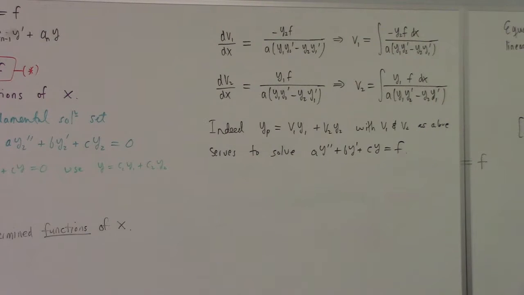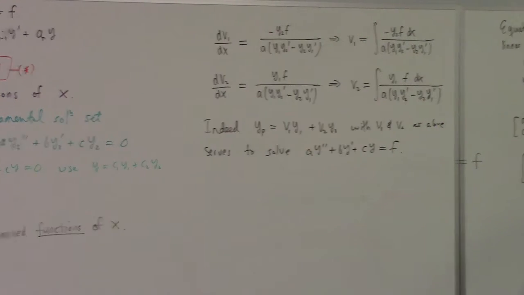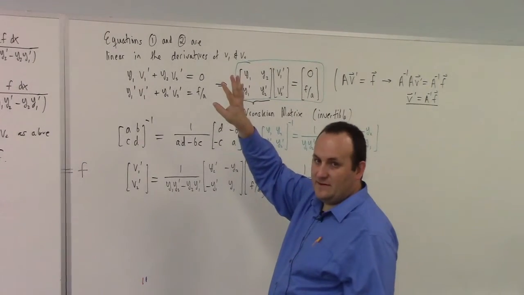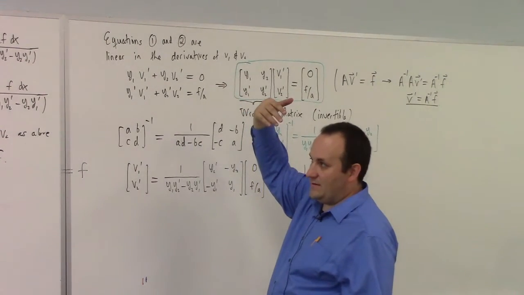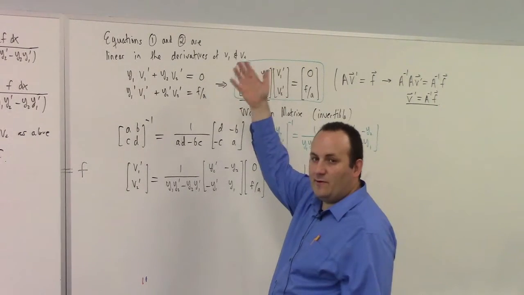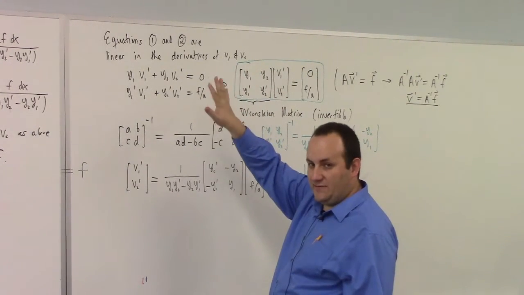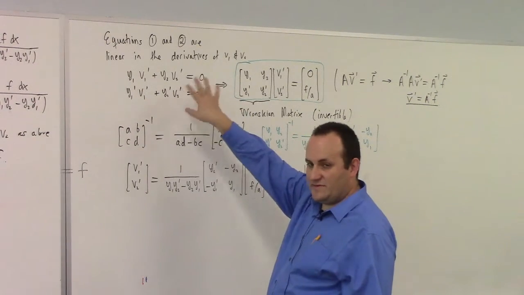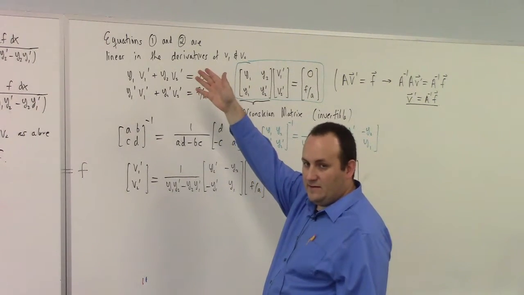If we decide to search for a solution, thinking backwards, if you can solve for v1 prime and v2 prime as functions involving the a, the b, the c, y1, y2, and its derivatives, all of which are given, if you can solve for dv1/dx and dv2/dx equal to stuff, then you can integrate it, right?